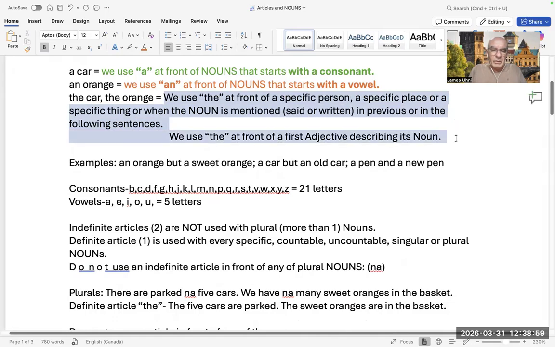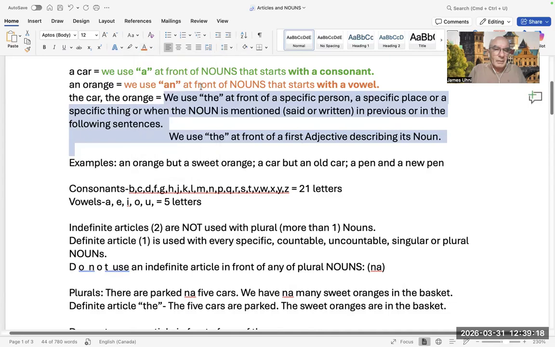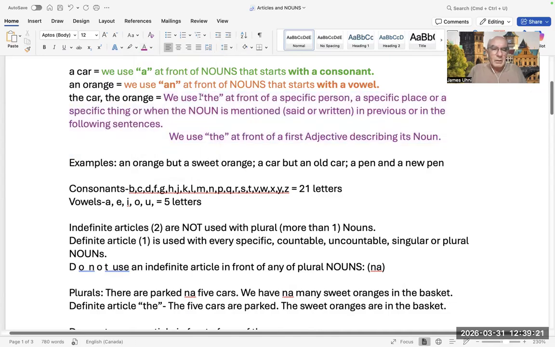We use the in front of a first adjective describing its noun. Let's make it bold.